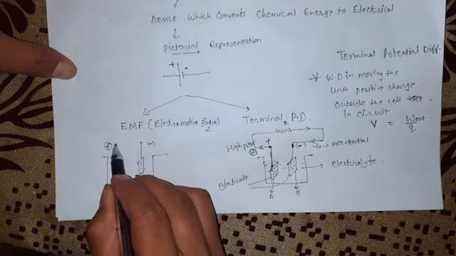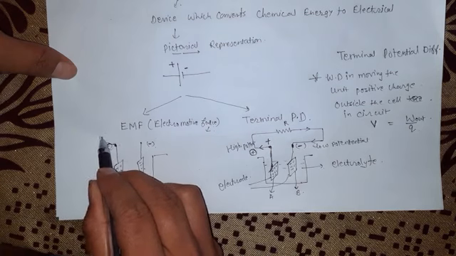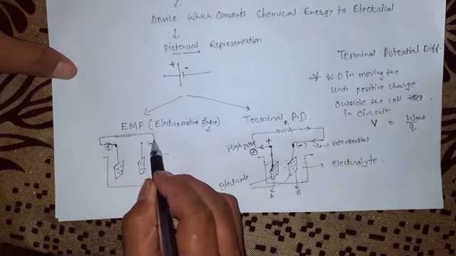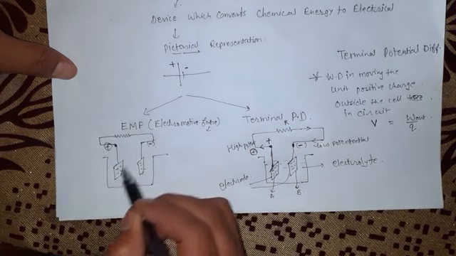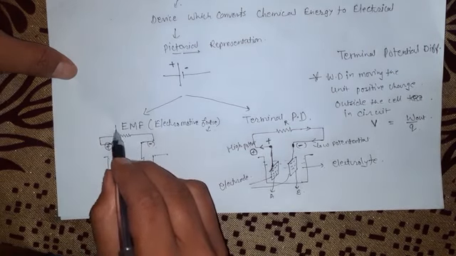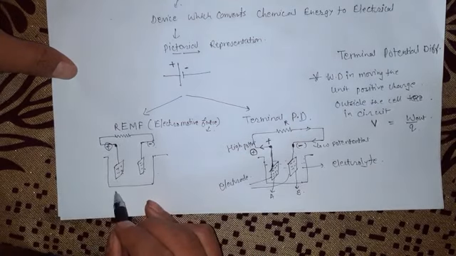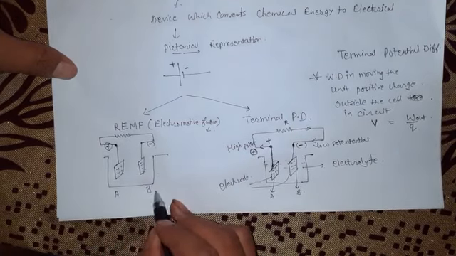Okay, now here I'm going to make the connection of this bulb in that electric circuit. So here I have connected it. This is the resistance which I have used in the circuit. This was our A plate and this was B plate.